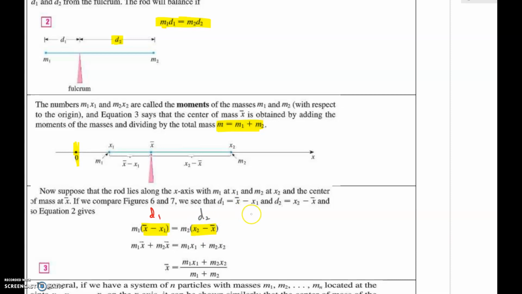If you distribute, you will have M1 x bar minus M1 x1 equals M2 x2 minus M2 x bar. Bring all the terms involving x bar to one side: it is M1 x bar, and if I move this term to the other side, it becomes M2 x bar.